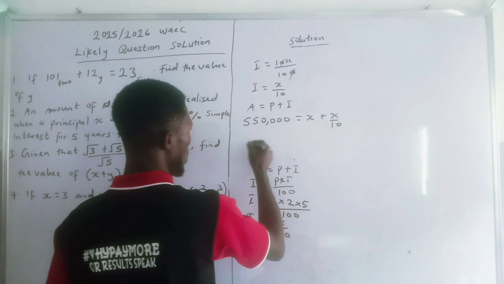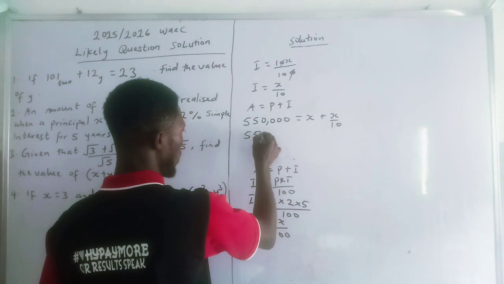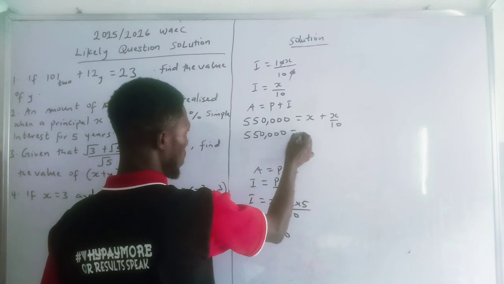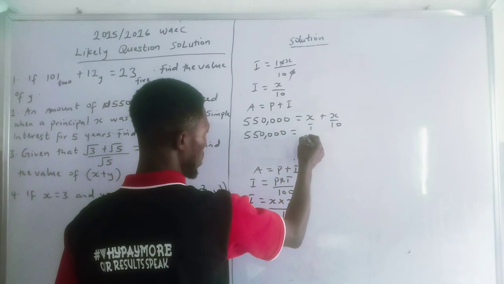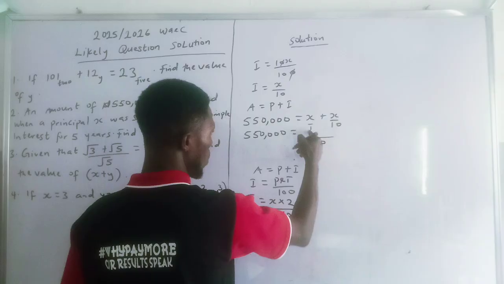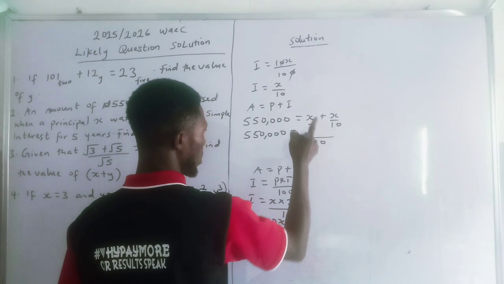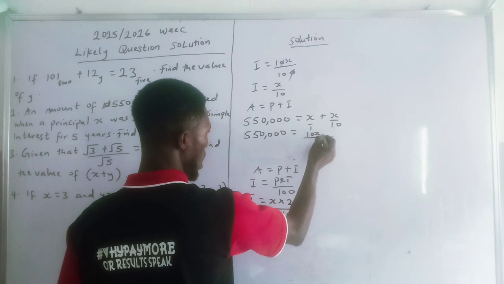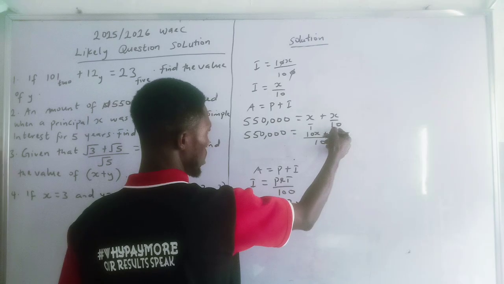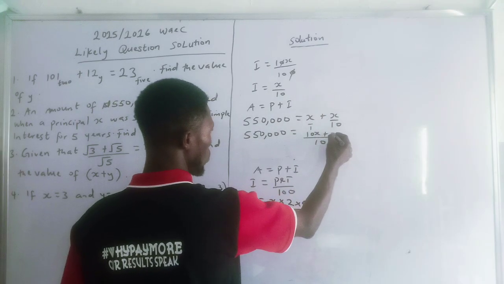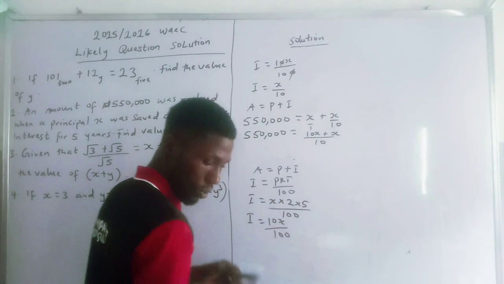So what are we going to do here? Your LCM here is 10. 1 in 10 is 10, 10 times x is 10x. Then plus 10 in 10 is 1, 1 times x is X.